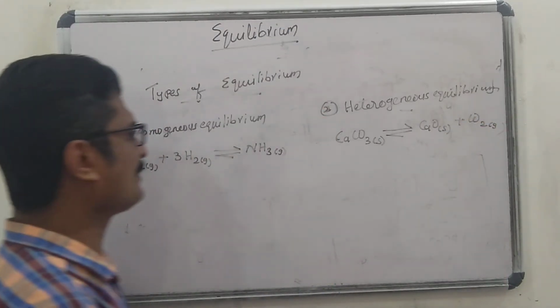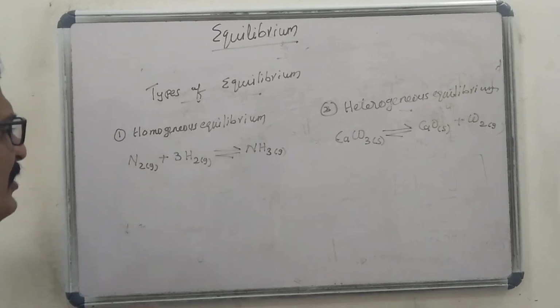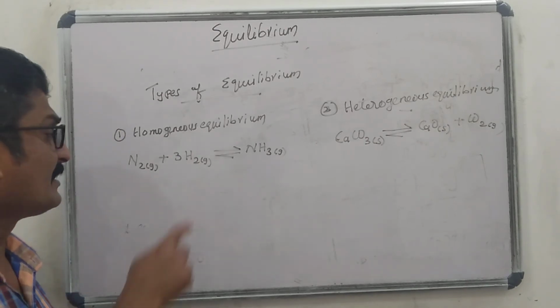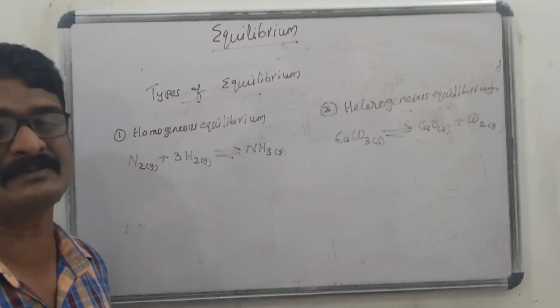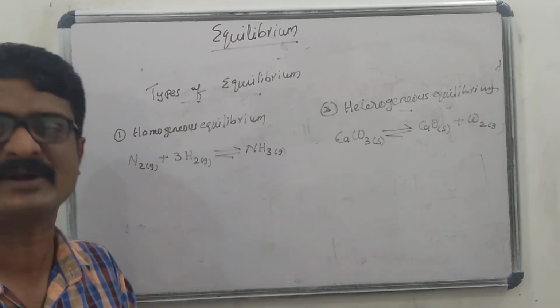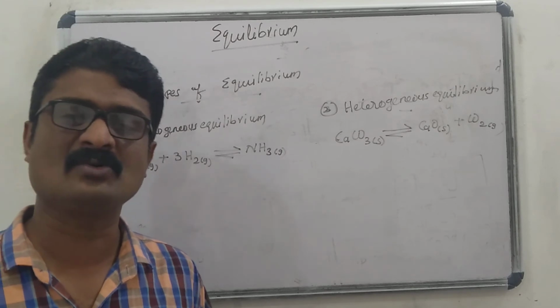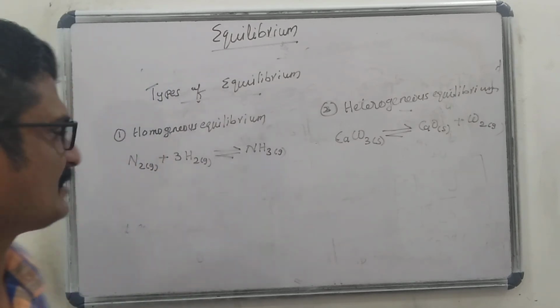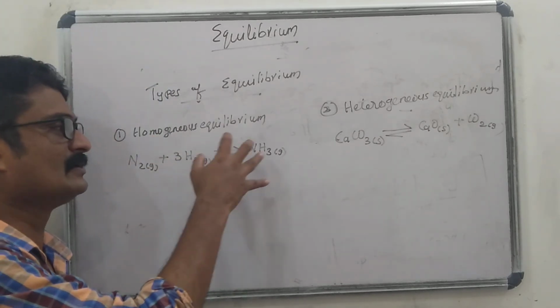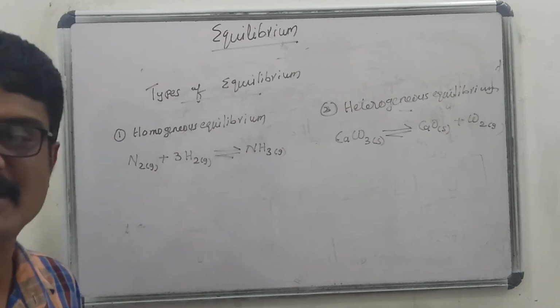Then what is meant by homogeneous equilibrium? In homogeneous equilibrium, the reactants and products exist in the same phase. For homogeneous equilibrium case, reactant in the physical state product in the physical state same ആണ്.